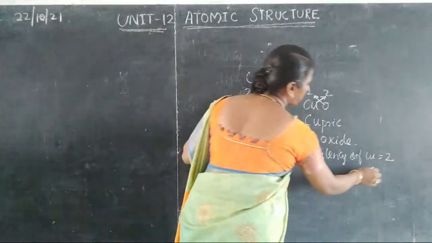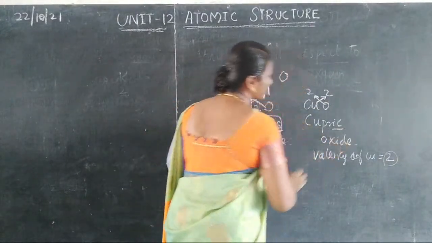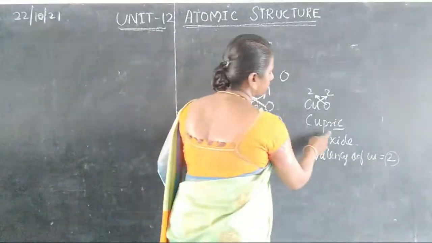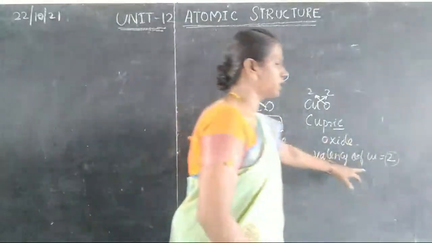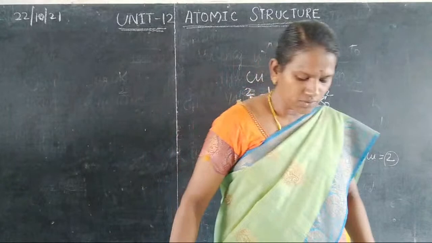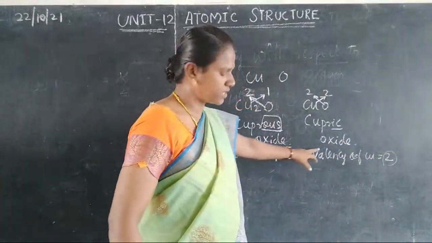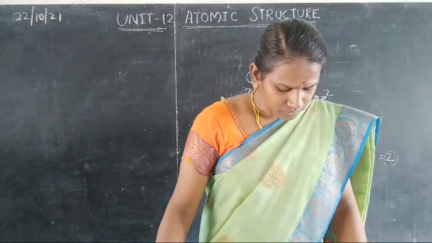Here, the valency of copper is 2, so the suffix IC is added: cupric. For higher valency, the suffix IC is attached at the end of the name of the compound.